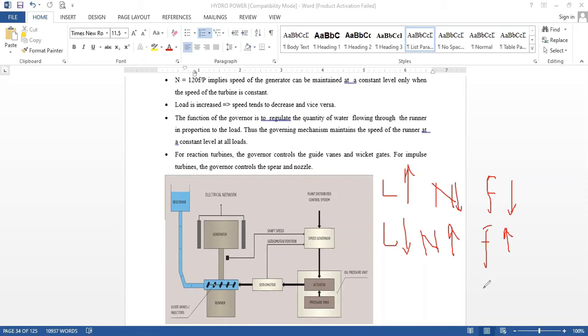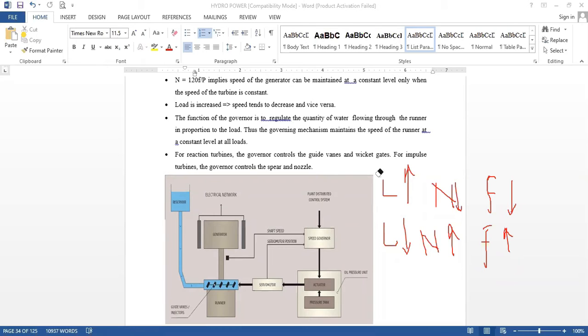Now, to have a constant frequency, it is very important to rotate either the turbine or the rotor of the alternator at a constant speed. To have a constant speed, we have a mechanism by which, even under increased load conditions, we can maintain the frequency by feeding more fuel into the turbine.